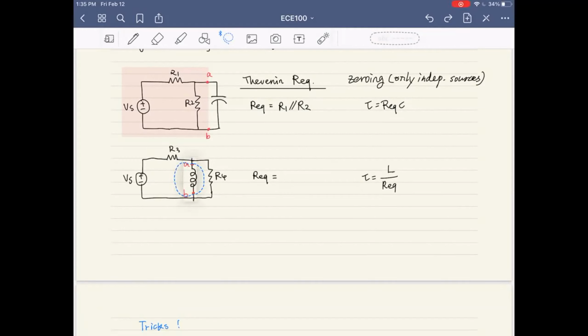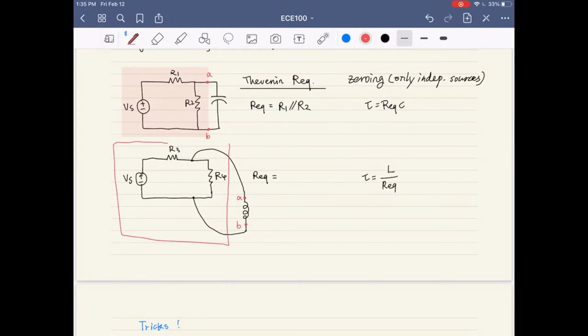Let's drag. Some accident happened. So I drag it from its original place to the outside. The same, right? I didn't do anything to the circuit, actually. And then I put all the things looking from the terminals A and B into the box. Okay, and I look from this direction.